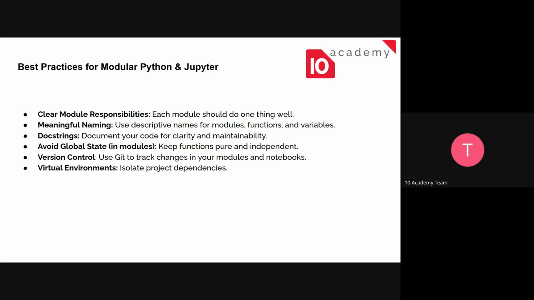It can happen, but creating a loop of functions, where one function calls another that is called in yet another function, will sometimes create complications. In version control, of course, use Git to track changes, and virtual environments isolate project dependencies in Python, so they're one of the most important things that we use.